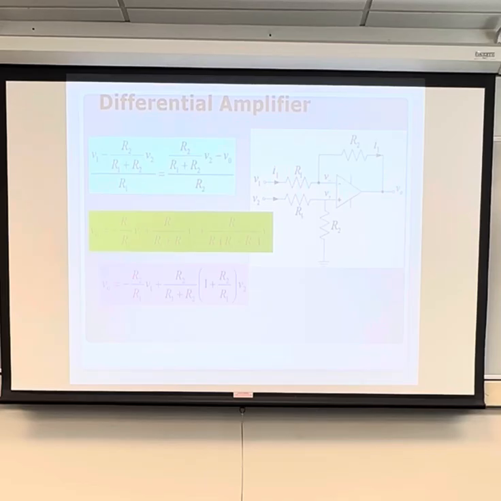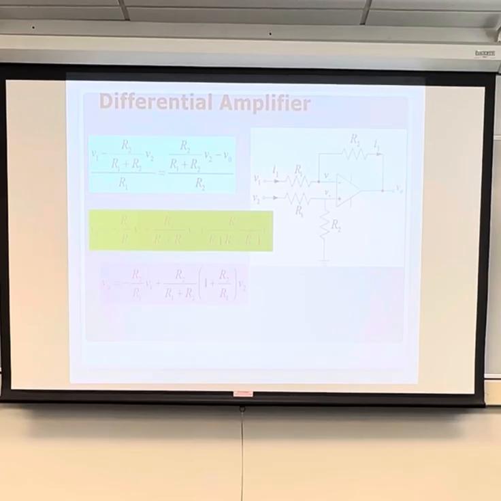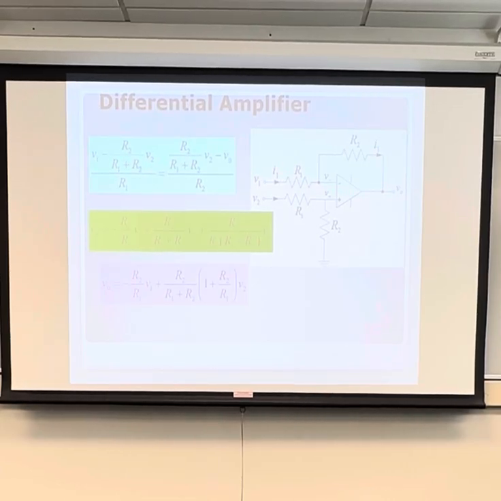We modified some more, and now V sub 1 has some R2 over R1, and V sub 2 has another resistive component on it. And now we notice that V sub out is really just R2 over R1 times V2 minus V sub 1.